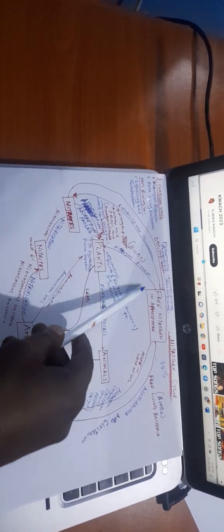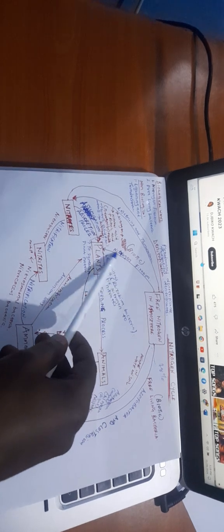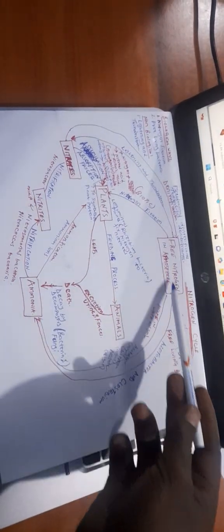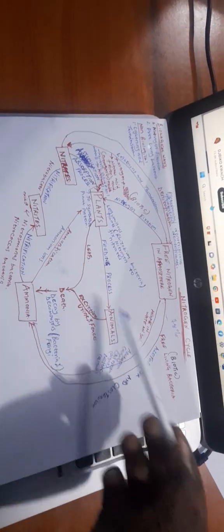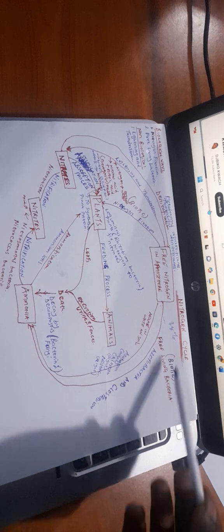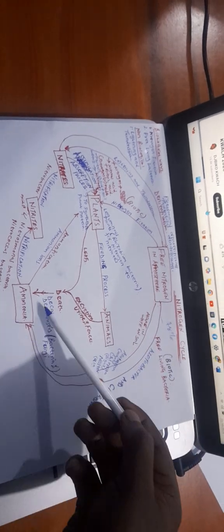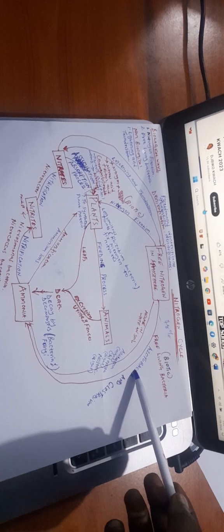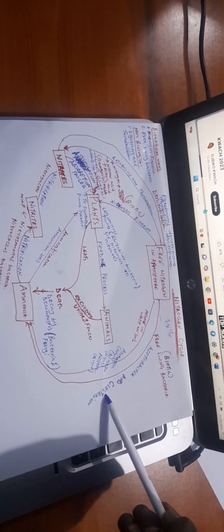That was the first phase. We spoke about nitrogen fixation and how it has been taken. Let's check how we take the free nitrogen to ammonia. We have the free living bacteria. They fix this nitrogen to form ammonia, and the free living bacteria doing this are the Azotobacter and the Clostridium.